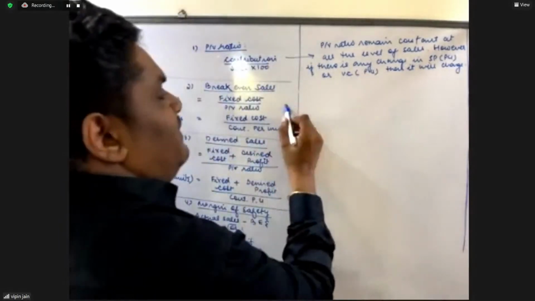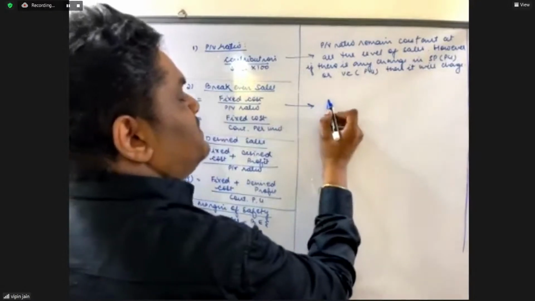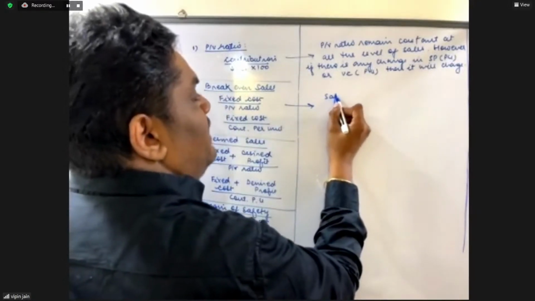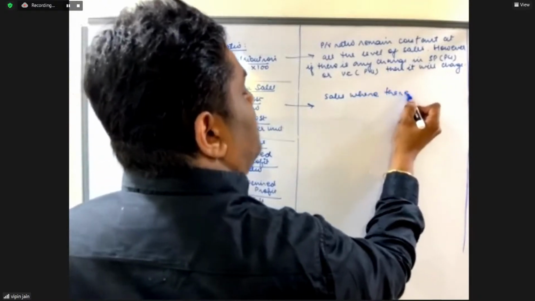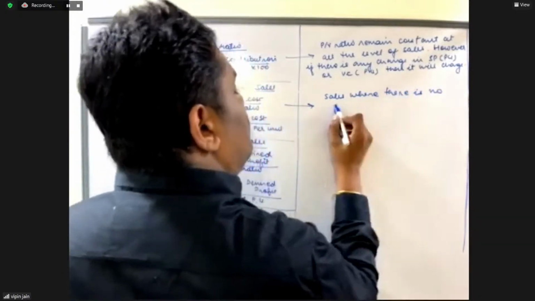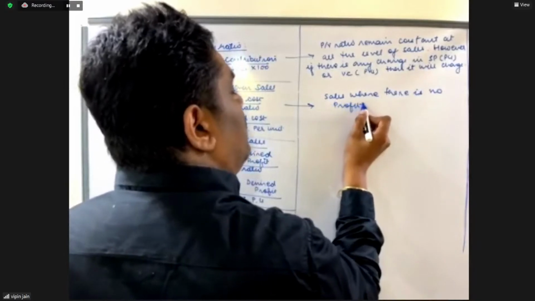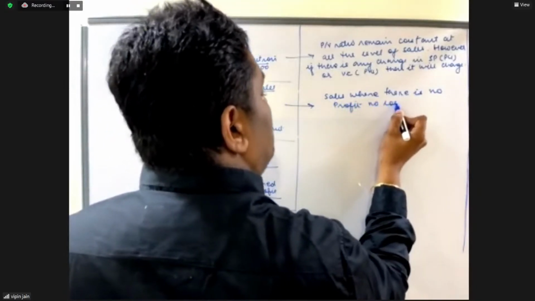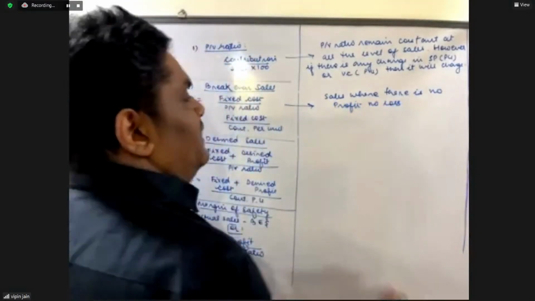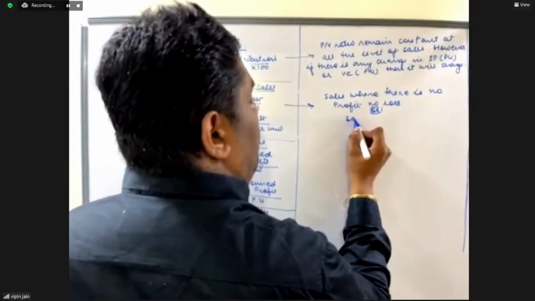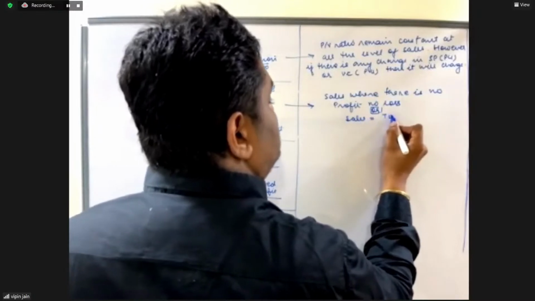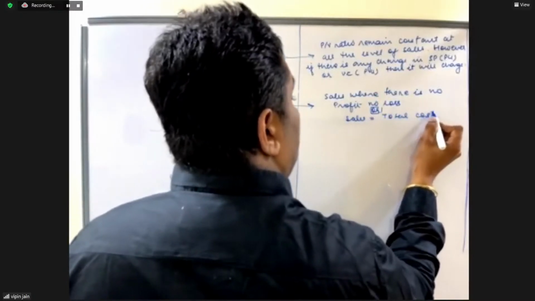When talking about break-even sales, what is break-even sales? That is the sales where there is no profit, no loss, or we can say sales is equal to total cost.